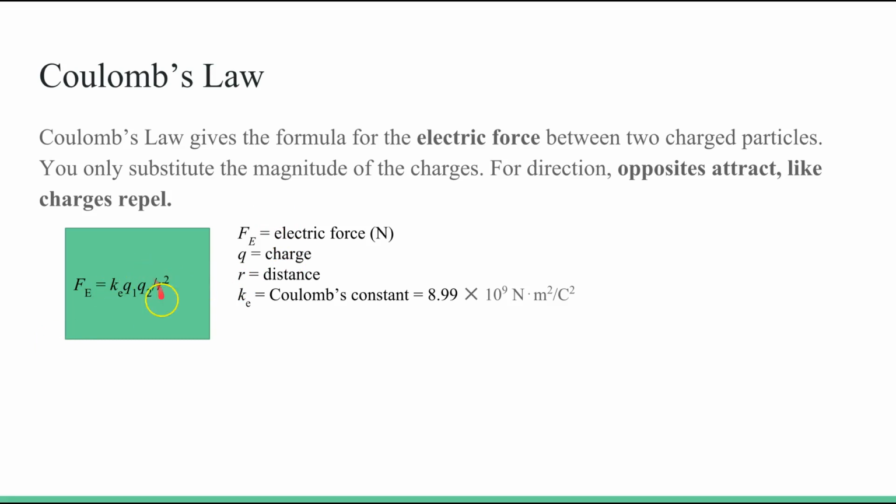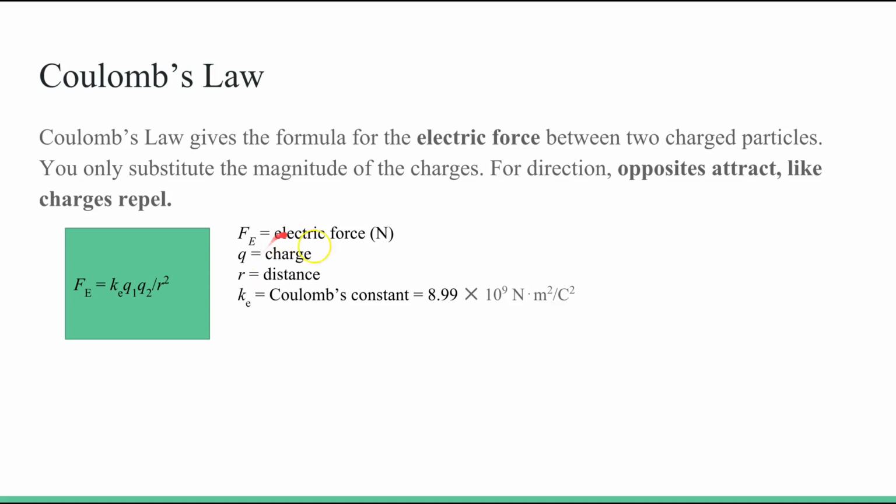And so the magnitude of the electric force is given by this equation, where q is the charge in coulombs, r is the distance in meters, Fe is the electric force in newtons, and Ke is a constant known as Coulomb's constant, which has a value of about 8.99 times 10^9 newton meters squared per coulomb squared, which you can just approximate as 9 times 10^9 N·m²/C².